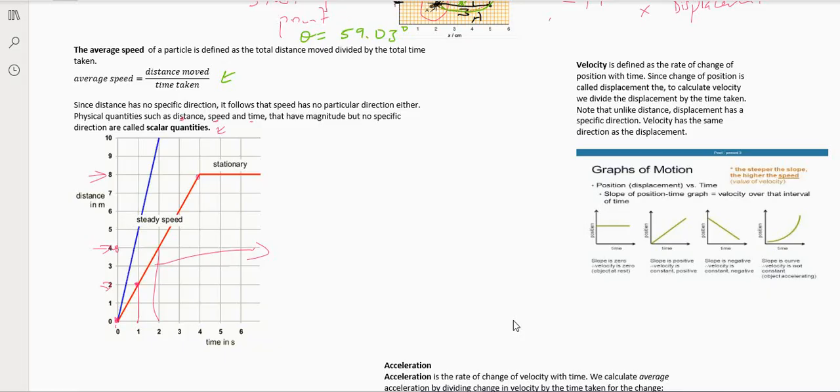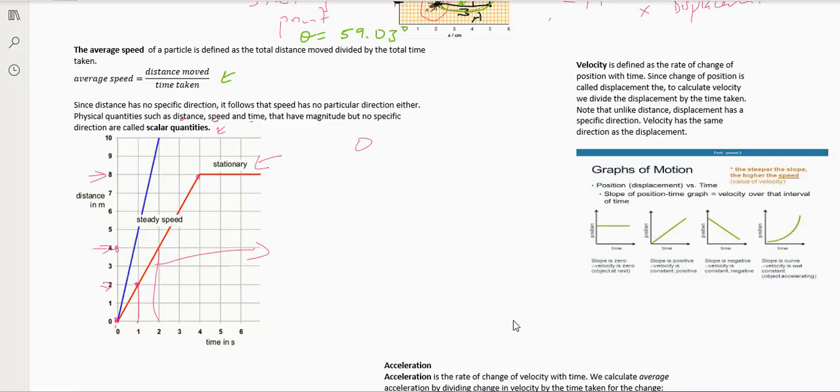Now when the car reaches 8 meters, it's clear that the car is no longer changing distance. The car has stopped, right? Because the car has stopped, we refer to that as being stationary, because remember, you are not changing distance anymore.